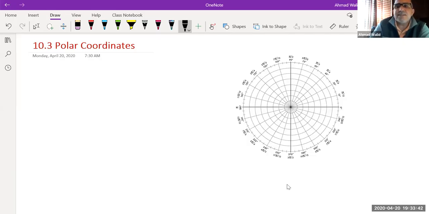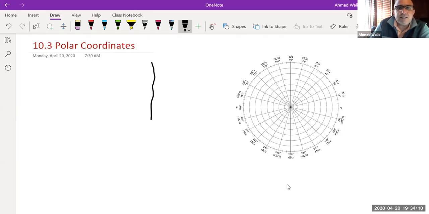Polar coordinates is a system like this that you see on my screen. This system was actually introduced by Sir Isaac Newton. I'm going to explain what it means and what the polar system is.